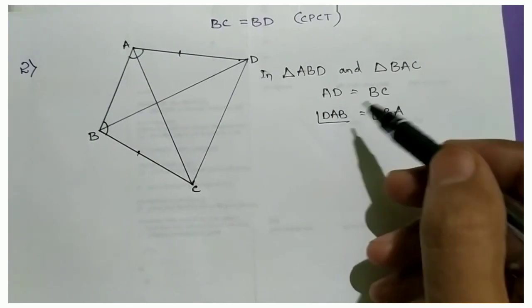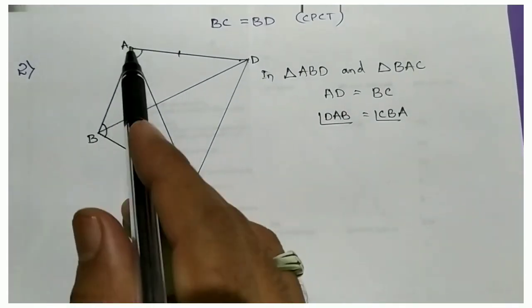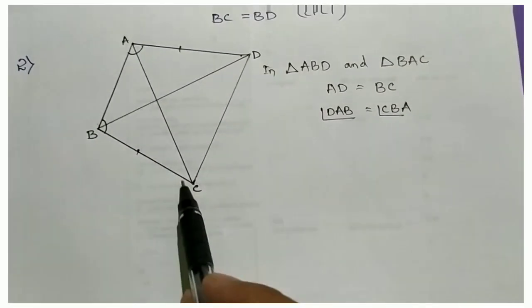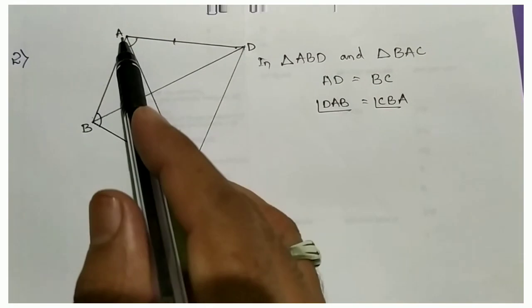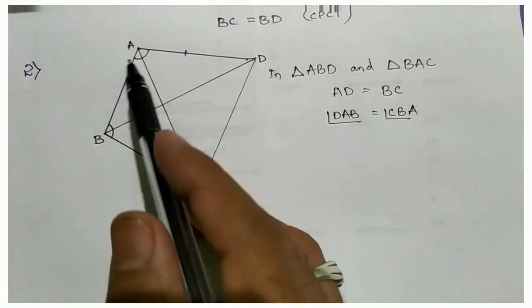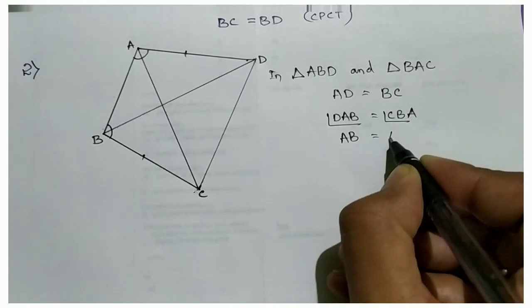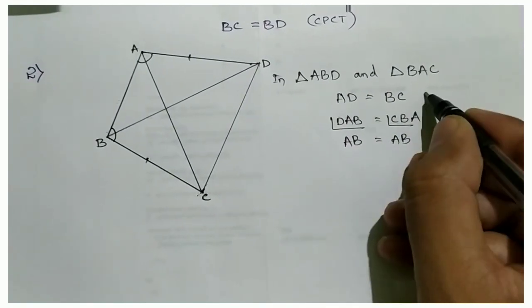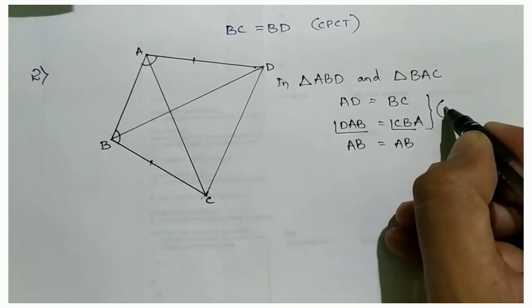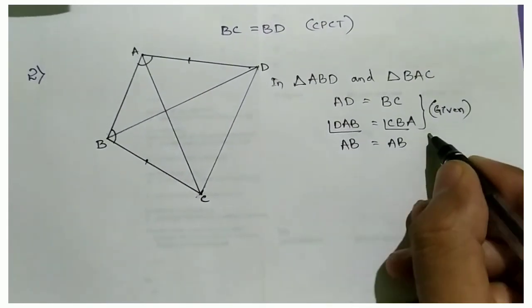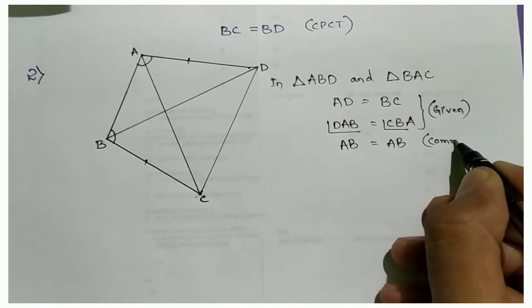Another thing clearly observe here, ABD and BAC. What is repeating? AB and BA, means AB is the common side. AB is common. So here you have to write in bracket given, and this one is the common side.